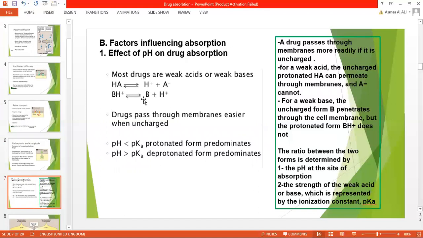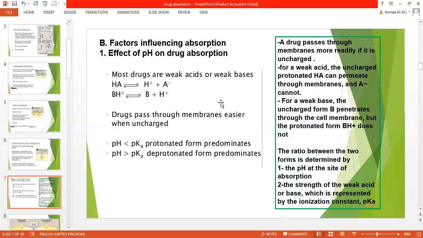Okay. A drug passes through a membrane more easily when it is uncharged. Thus, for a weak acid, the uncharged protonated HA can permeate through the membrane.